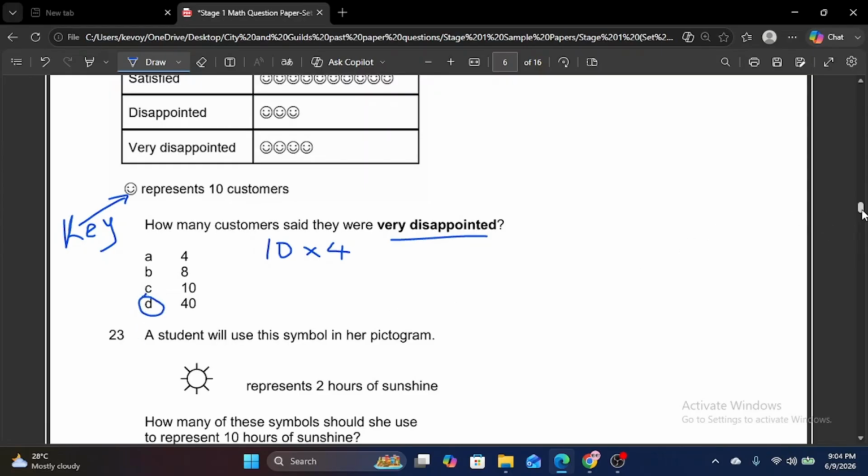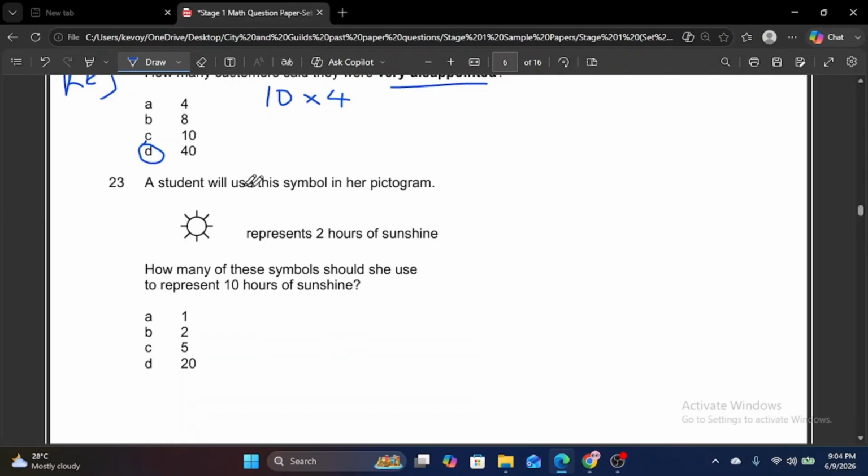Alright, moving on to question 23. A student will use this symbol in her pictogram. This looks like a sun, so I'm going to call it a sun. A sun represents 2 hours of sunshine. How many of these symbols should she use to represent 10 hours of sunshine? If one of these represents 2 hours and she needs 10 hours, then all she has to do is divide the number of hours by the hours each symbol represents.